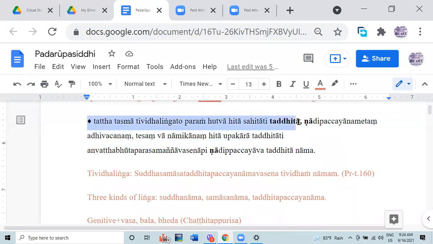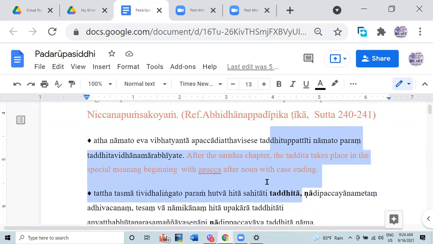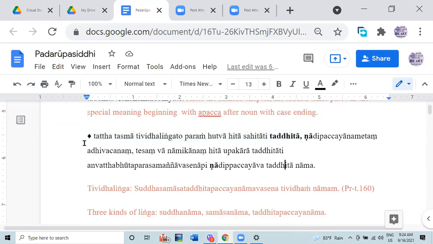This line, in paragraph 30, this word Tadida is defined as Tasama Hida Tadida. So after this three-fold noun, Hida.